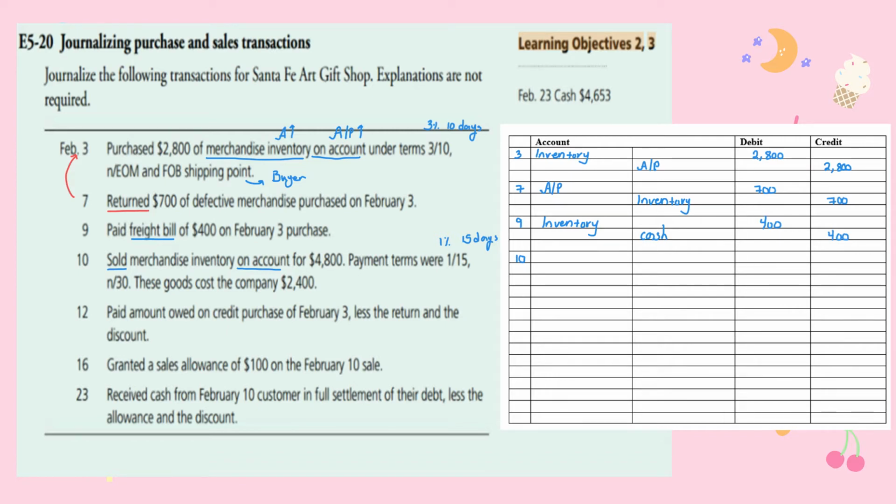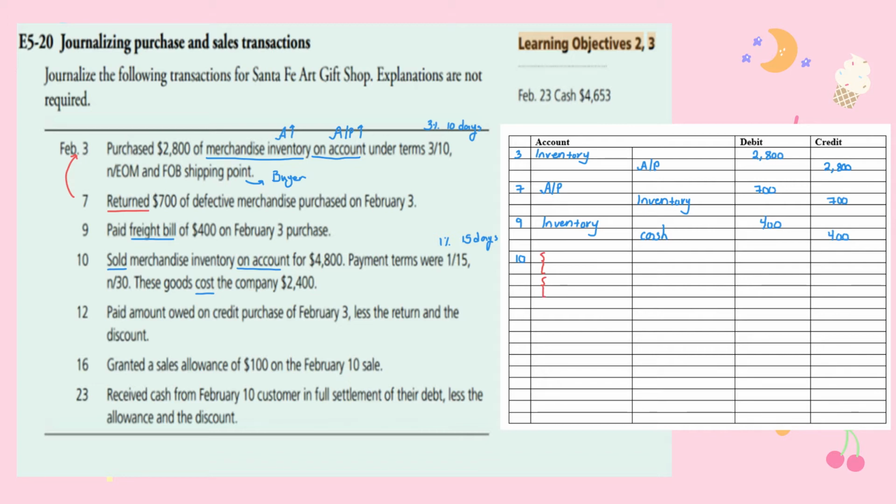These goods cost the company 2,400. So each time he says sold, for each sale transaction, I need to record 2 entries. One for the sales price, and one for the cost of goods sold.